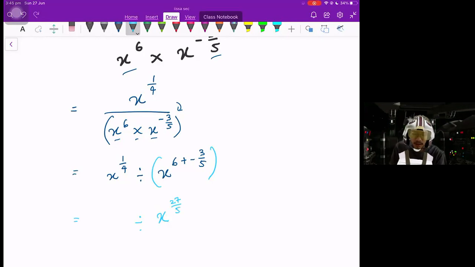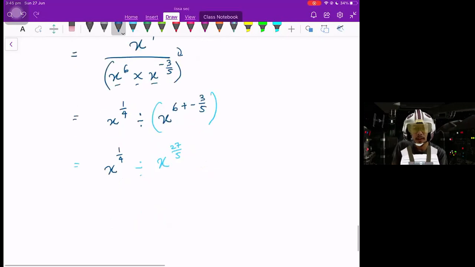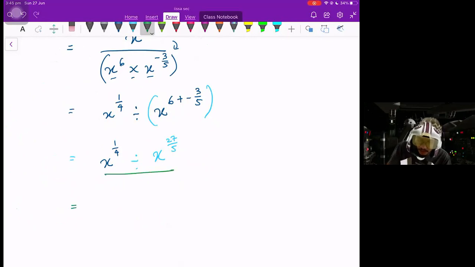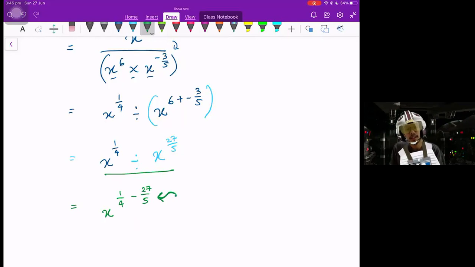Remember, we still have this x to the power of 1 over 4 in front. So what we need to do now is simplify that. Now we have the division rule, so it's going to be 1 over 4, because it's a divide, we just need to minus 27 over 5. This is just a minus of fractions.